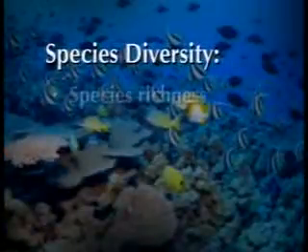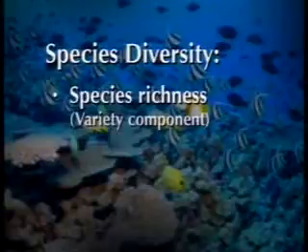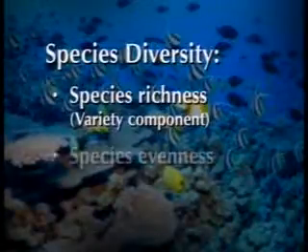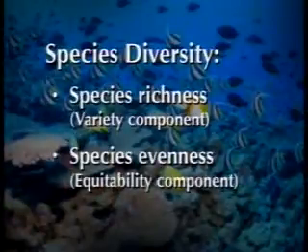One is species richness, what we also call the variety component, which means how many different kinds of species we have in a given system. And second is species evenness, or what we sometimes call the equitability component, which refers to how evenly species are distributed in a system.